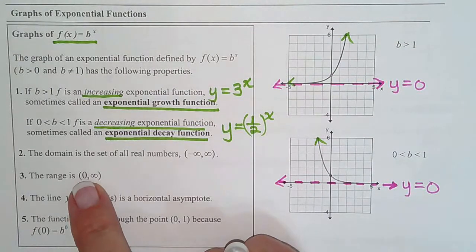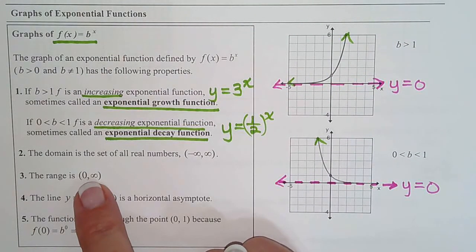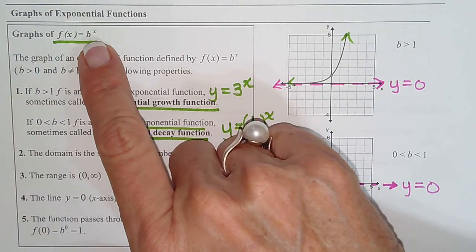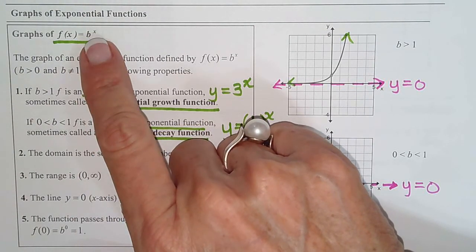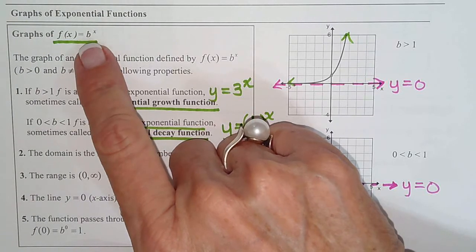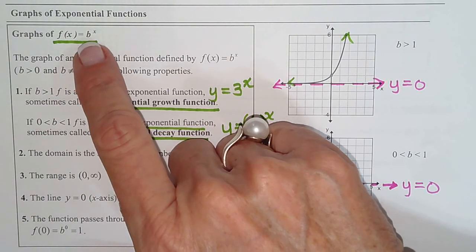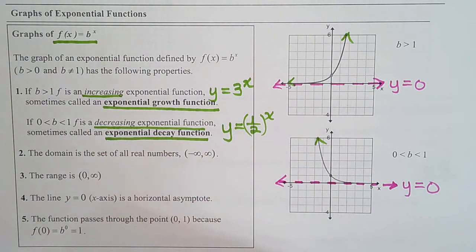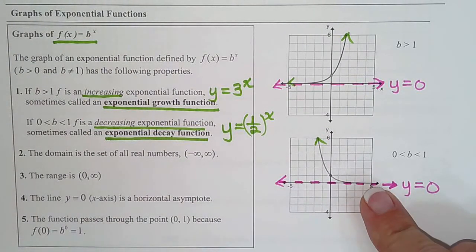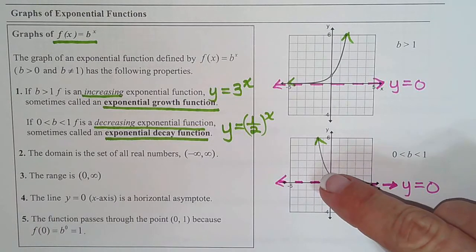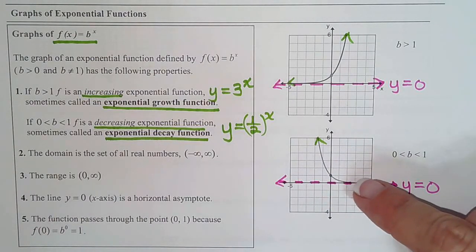You're probably asking, why aren't we including 0? Well, no matter what numbers we put in here, we can't get 0 with an exponent. 3 to the 0th is 1. 0 to the 0th is undefined, so there's just no way to get 0. So we put these asymptotes in, and I tell students, think of them as police tape. This is where the graph can get really, really close, but we can never cross it or touch it.